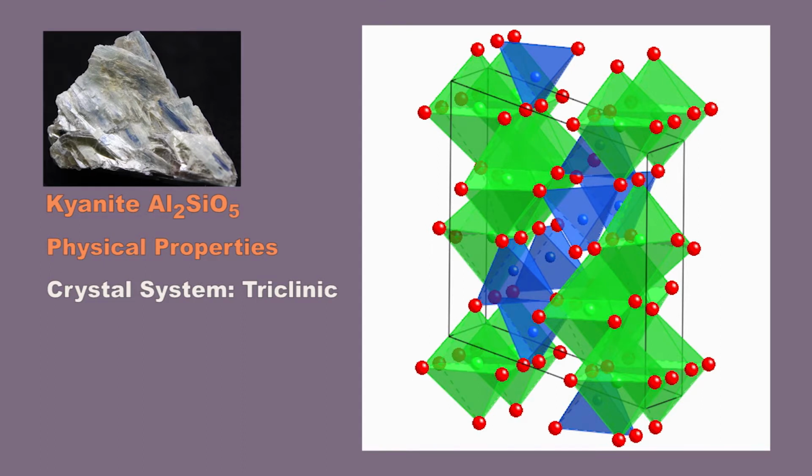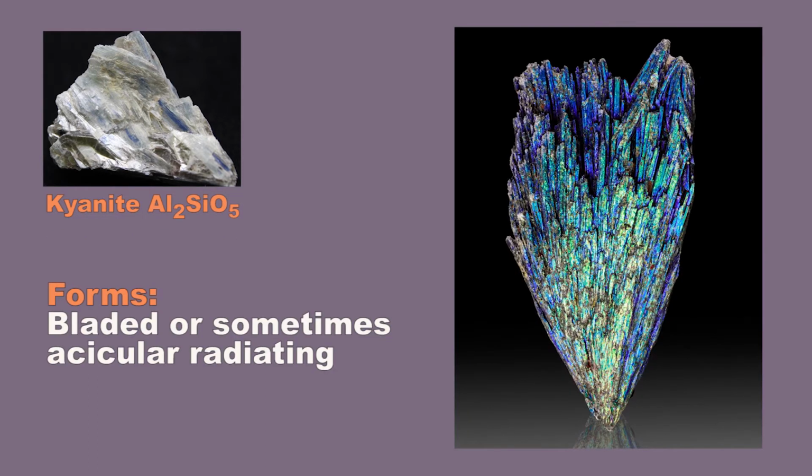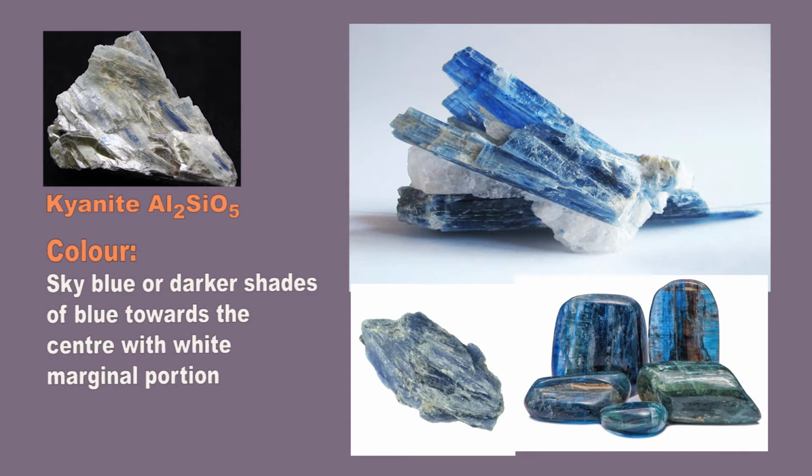Kyanite, Al2SiO5. Physical properties: crystal system triclinic, forms bladed or sometimes acicular radiating. Color sky blue or darker shades of blue towards the center with white marginal portion.